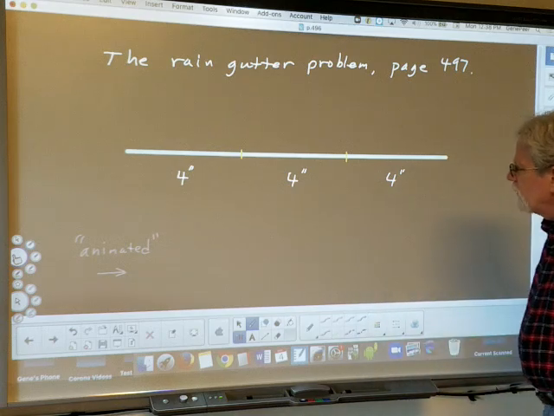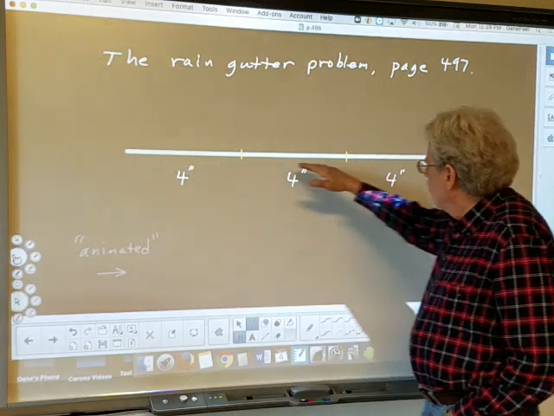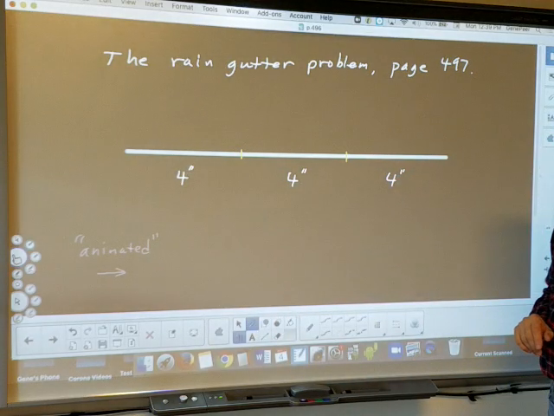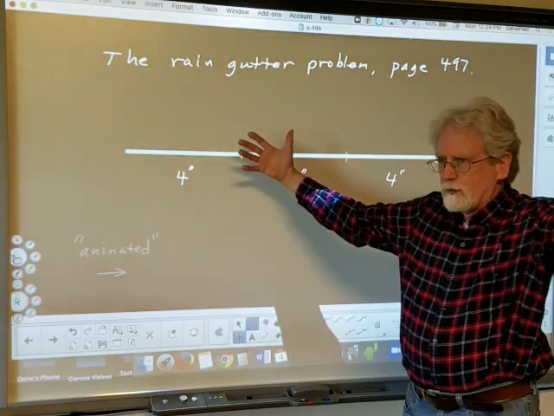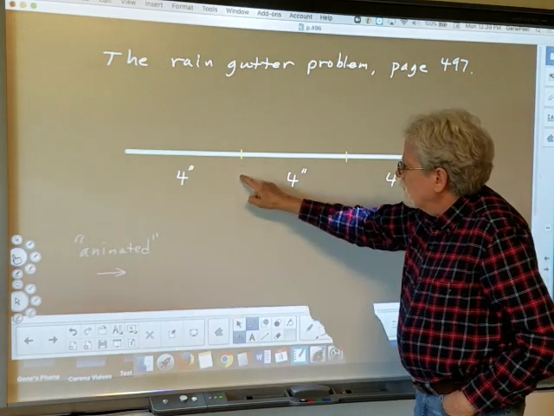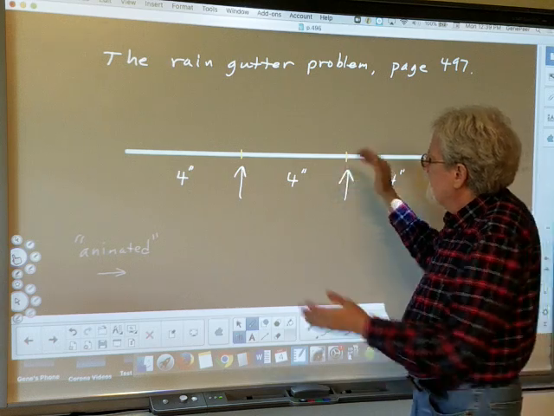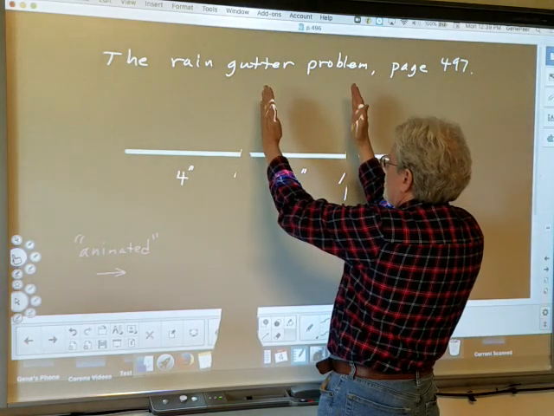The rain gutter problem says we have this sheet of metal, probably aluminum. It's 12 inches wide. It's very long, it's going to be a gutter, but it's 12 inches wide. We're going to bend it right there and right there and make it into a gutter.